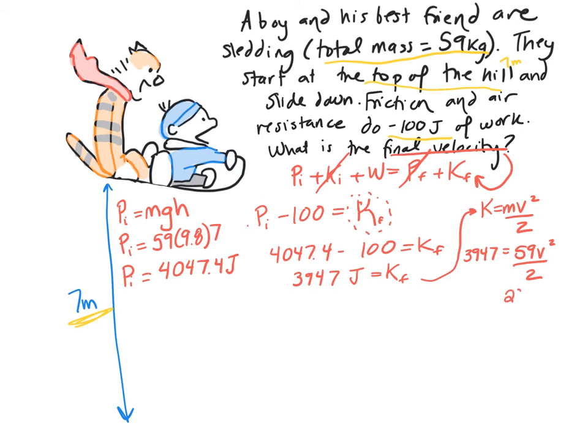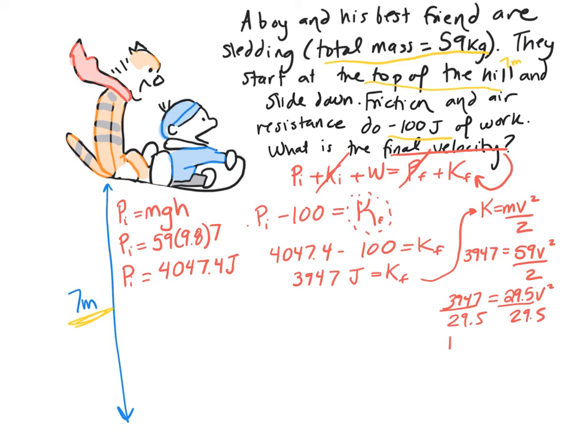So this is 29.5 v squared equals 3947. And now you can just divide by 29.5. Okay.